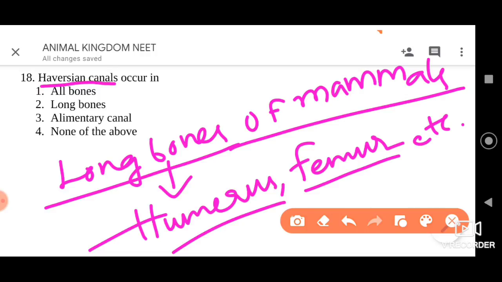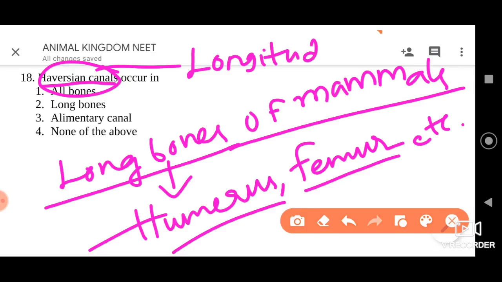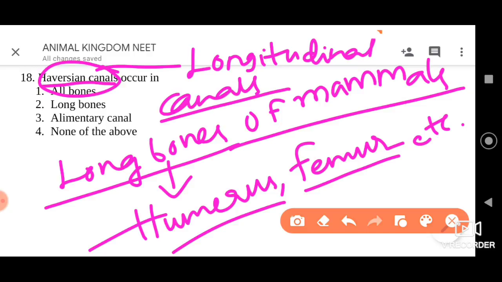So these Haversian canals are the longitudinal canals, my dear friends. Longitudinally they are present, they are longitudinal canals that run in the walls of the long bones. In the Haversian canals we can also find the nerve fibers.